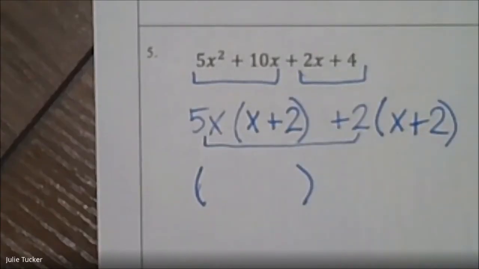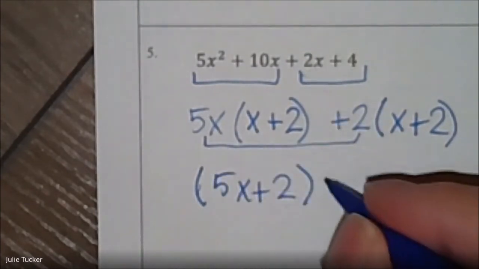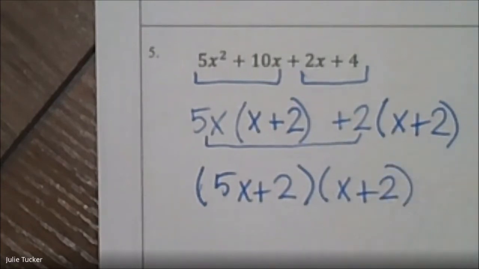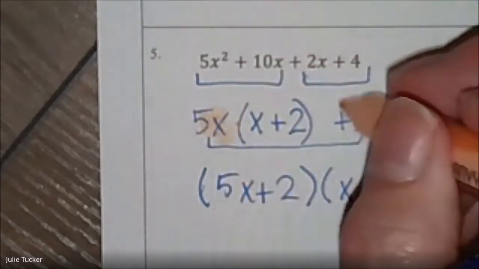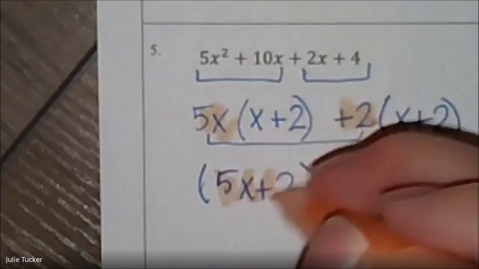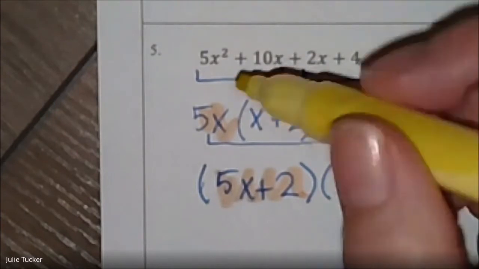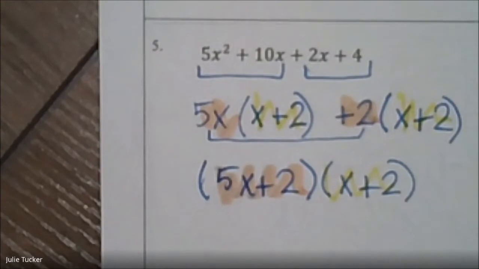I have to put those together, right? Yeah. 5x plus 2 times x plus 2. I'm doing these two together here, and I'm doing these two there. Right?